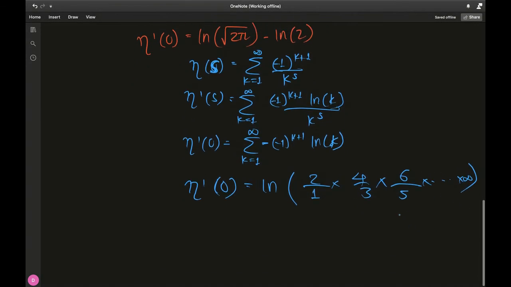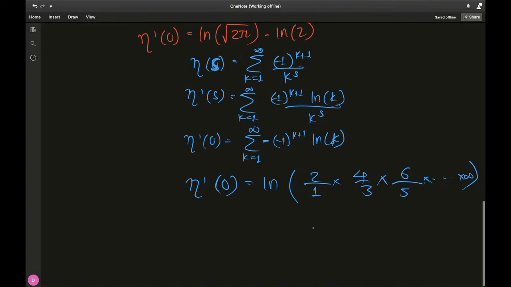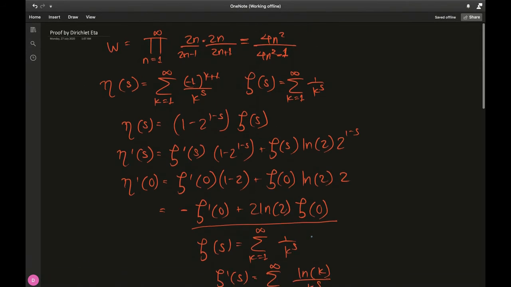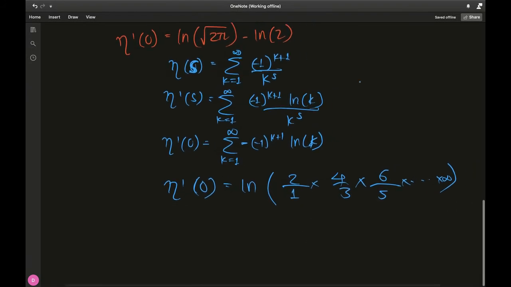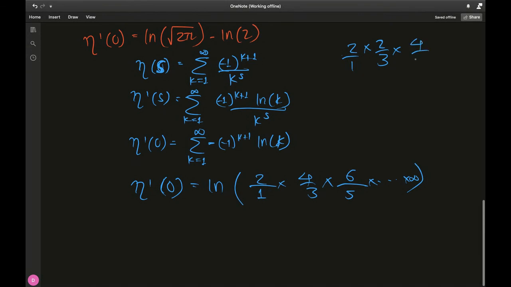And this is actually the square root of the Wallis product, because the Wallis product basically had terms like 2 times 2 over 1, then 4 over 3, 4 over 5. So the thing is, the even terms were being repeated and so were the odd terms, right?